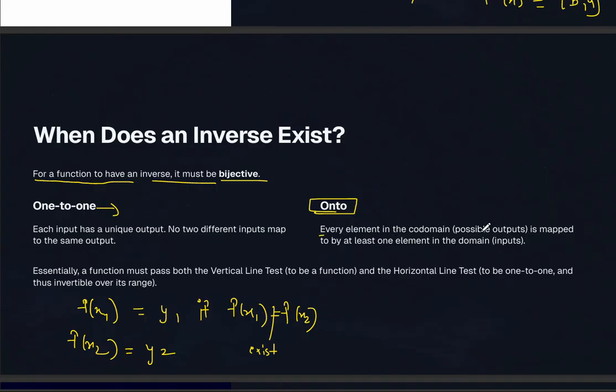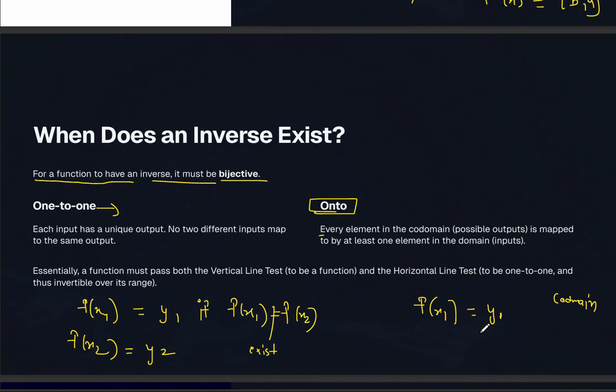Every element in the codomain, the possible outputs, is mapped to by at least one element in the domain. What is meant by this is, for every input value, the produced output should be from the codomain.